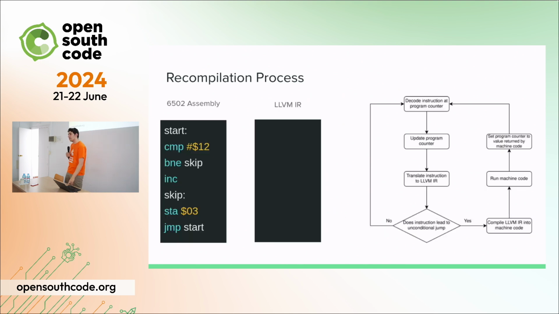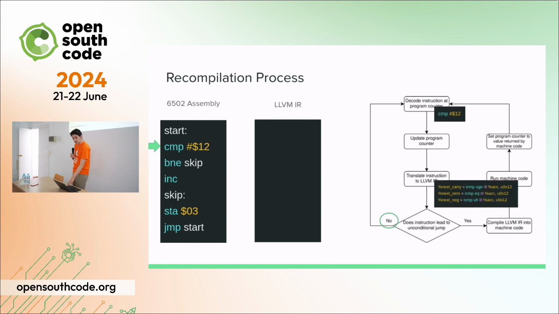So just as an example, we'll be looking into how this process works with this simple example that doesn't do anything of much use, but has some interesting cases that I wanted to highlight. So we start at the compare instruction. The start is just the label that we use to put names to certain parts of our code, so that doesn't need to be translated.